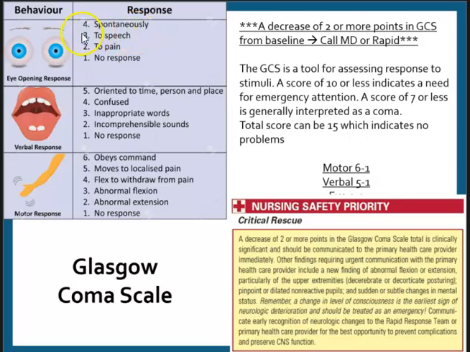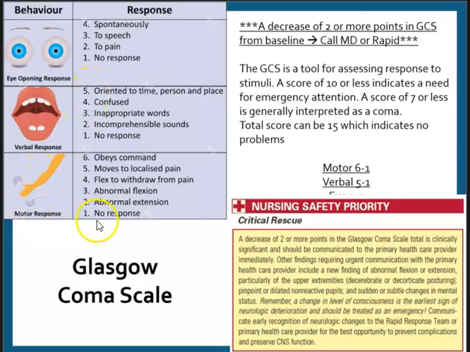So let's say your patient has eye opening when you talk to them, so they have a 3 there. Verbal response, are they oriented times 3 or 4, or are they unable to actually talk to you? Let's say they just have a 4. They're confused. They're able to respond, but they have some confusion. So 3 plus 4 is 7.